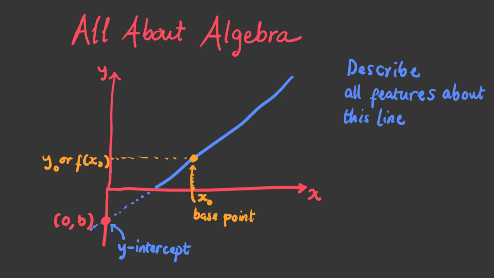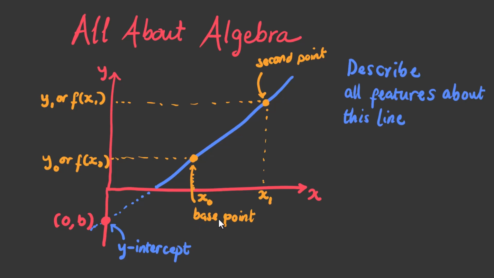The other point is further out, which is labeled as the second point, and its y is shown as y1, or we can say f at x1. The x is represented as x1.